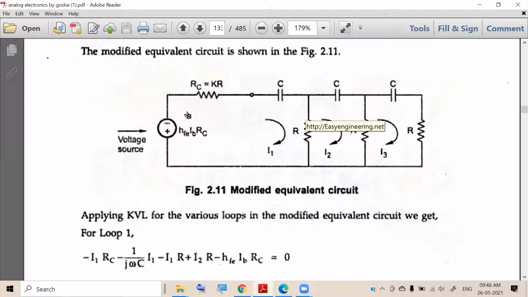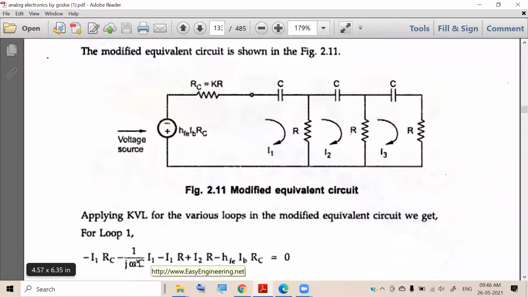For the first loop, starting from here, I said we will take the leaving terminal. So the leaving terminal will be minus, right? So minus I1 into RC. Again the leaving terminal is minus, so minus I1 into 1 by j omega c.